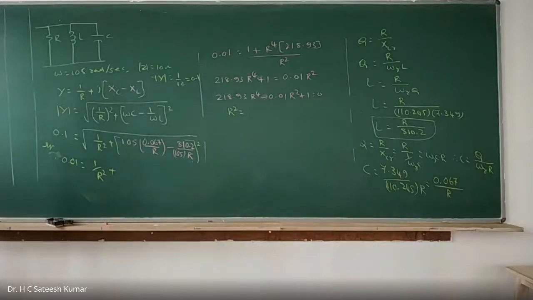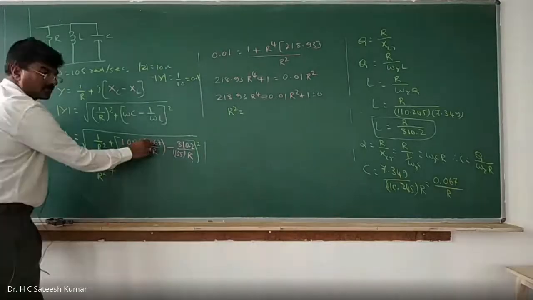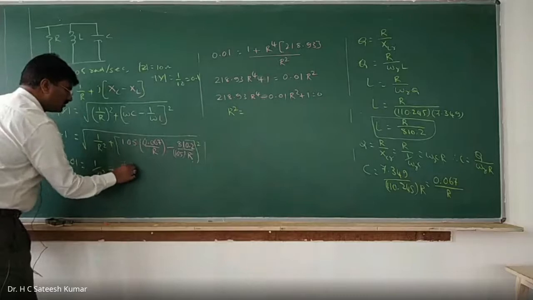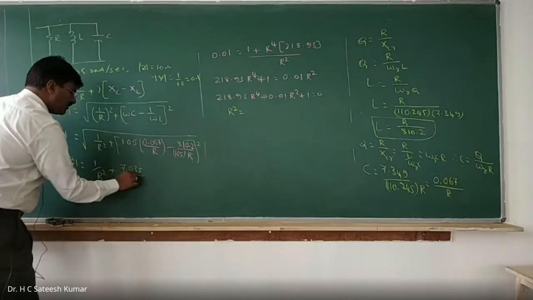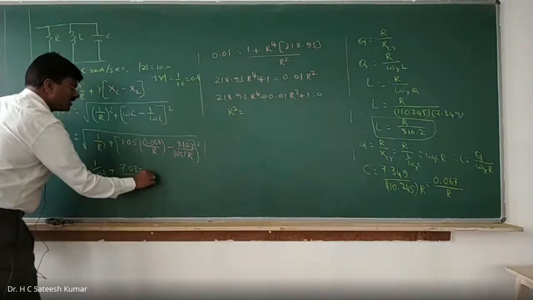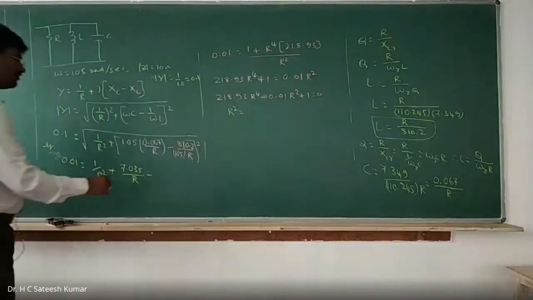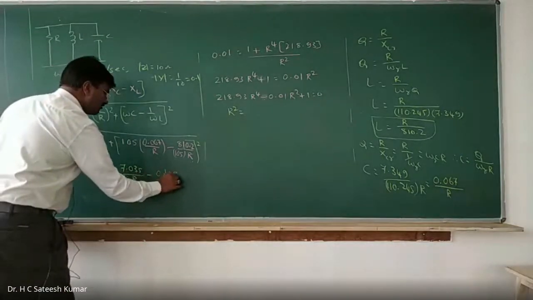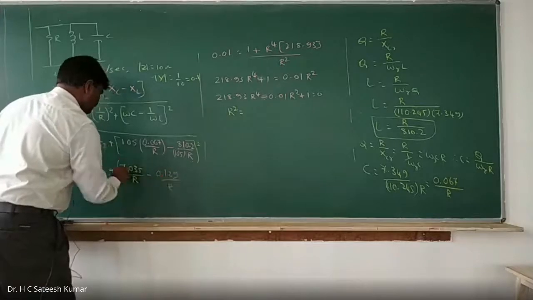See how much that comes to. Here the numerator is 7.035 divided by R minus 0.129 divided by R. Okay, square.